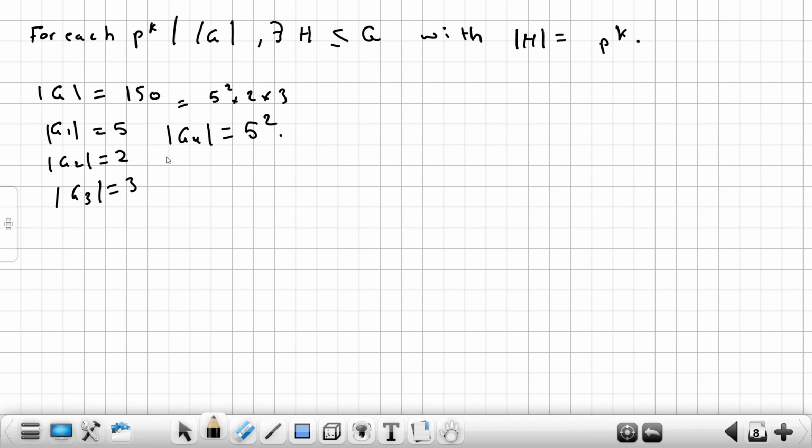Now we know more about our group G with order 150.